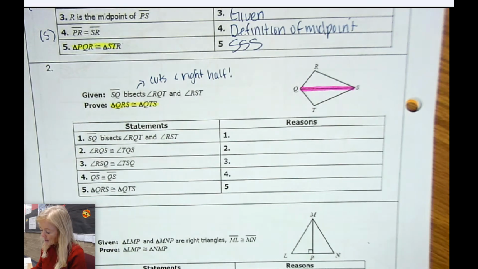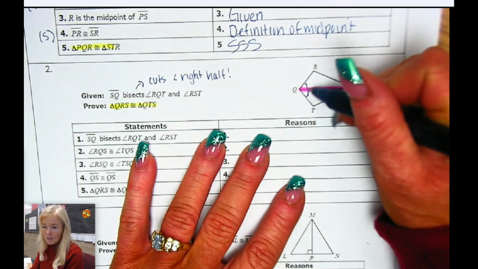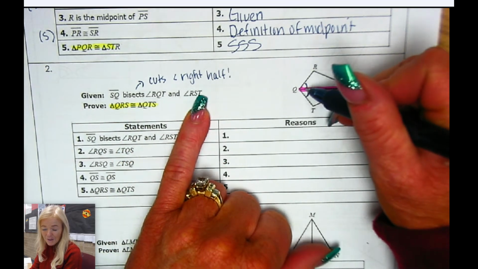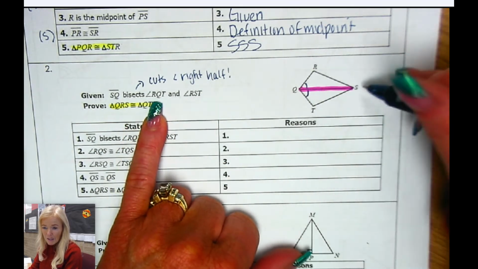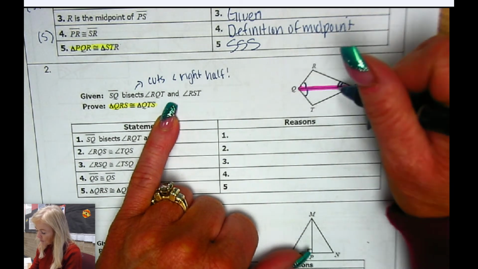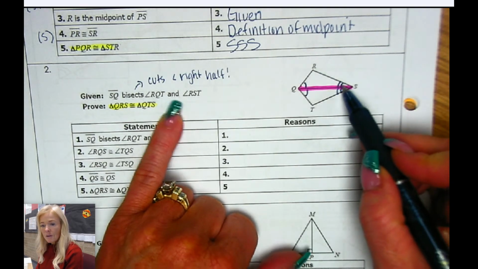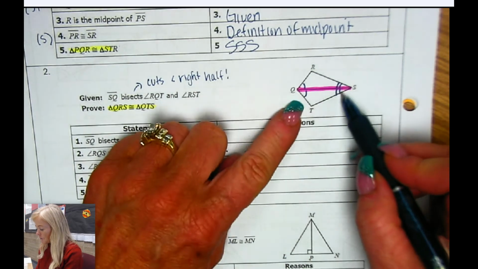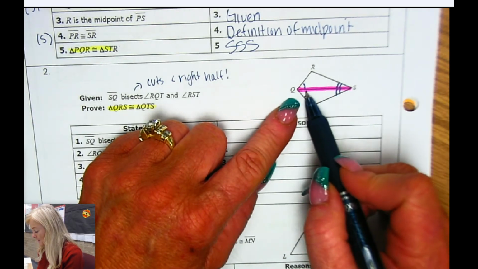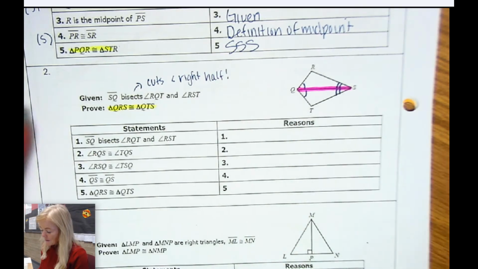These 2 angles have to be congruent because RQT has been bisected, and then these 2 angles will be different in measure than these 2, but they will be congruent to each other because this is a bisector also of RST. So I have 2 bisectors here.